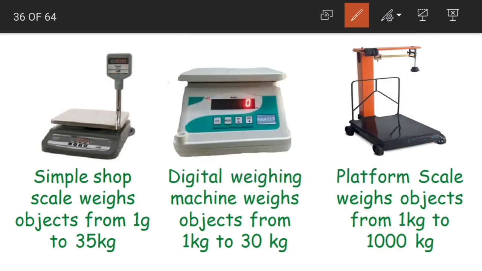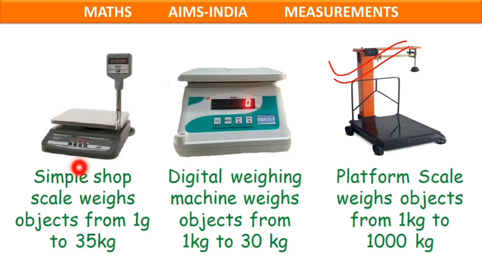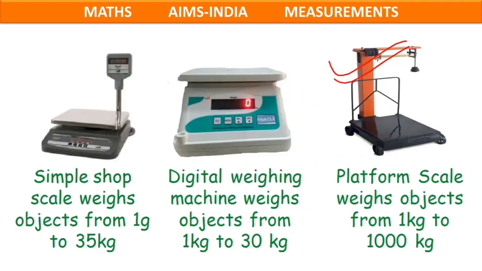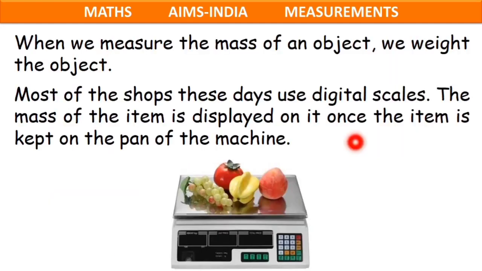So if you have any heavy objects, you can use the platform scale to measure the weight of the object. Yes children, and the remaining, that is simple shop scale, digital weighing machine, simple balance and pan balance, can be used to weigh objects of smaller weights.